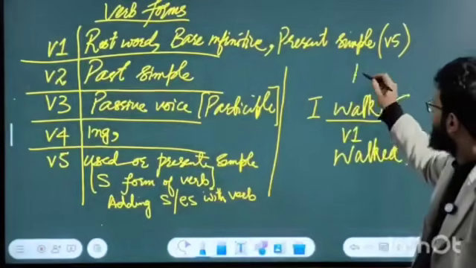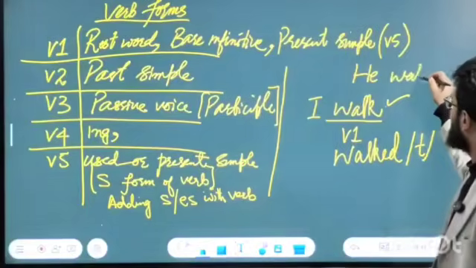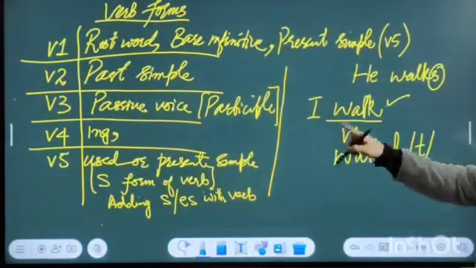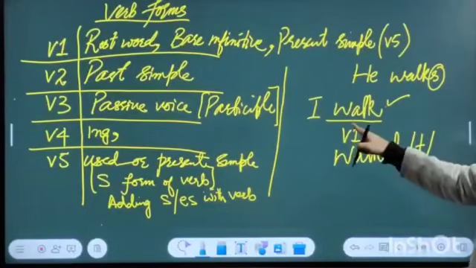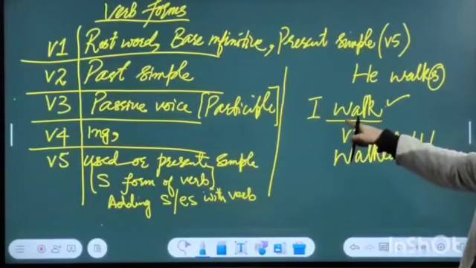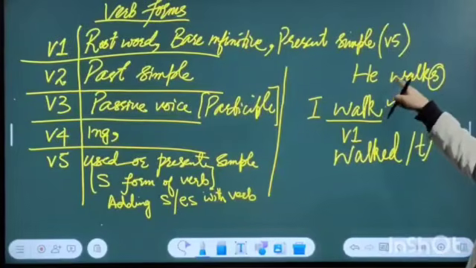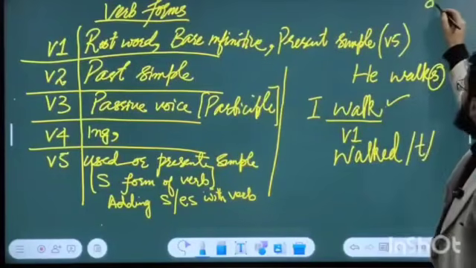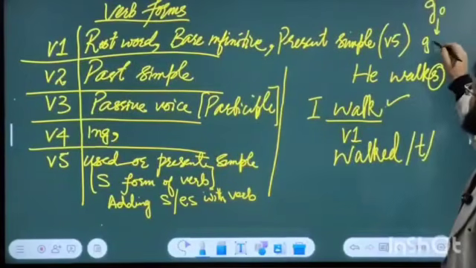If it's I walk, he walks. This S form is V5. Which tense has been used here? Present simple. Go, goes. Go becomes goes.